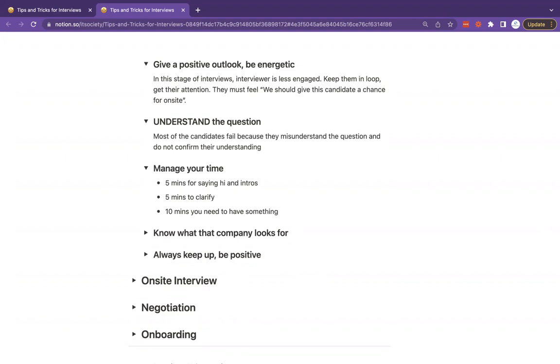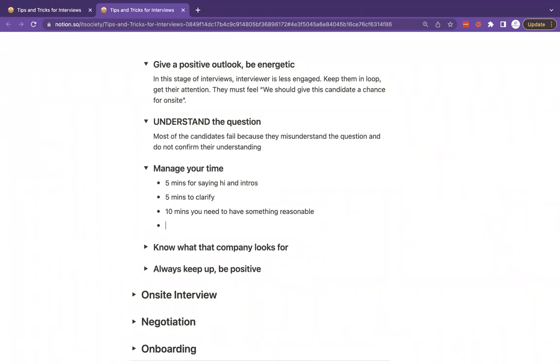Sometimes maybe you misunderstood the question, and you start answering something else, and the interviewer interrupted you somehow, or maybe waited until your answer was completed, and then asked a follow-up question trying to direct you onto a path. Don't resist that, and try to understand what he's trying to say, because most of the time interviewers are not trying to eliminate you.